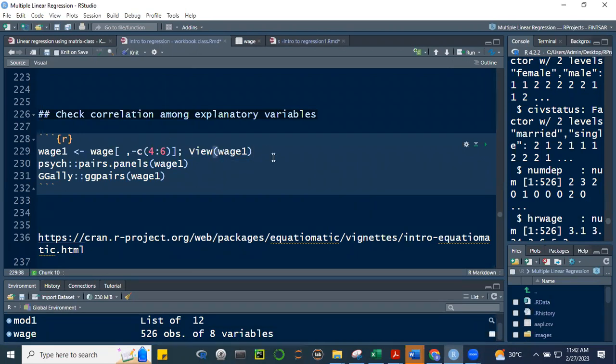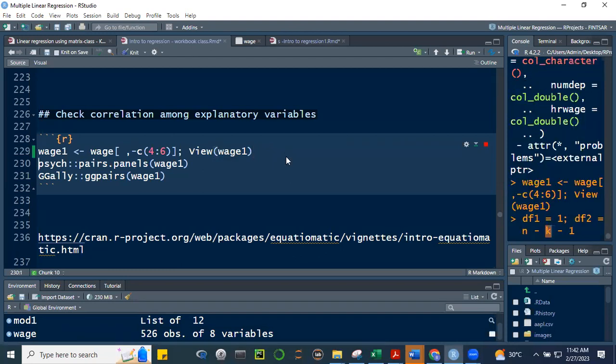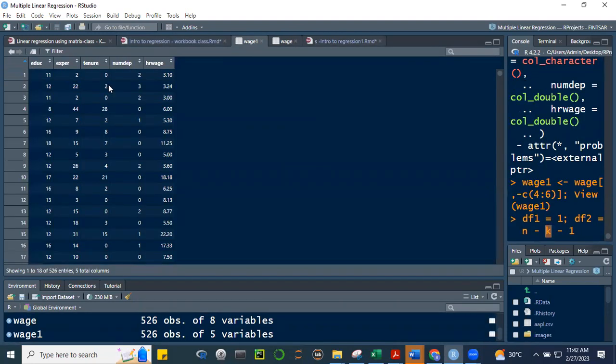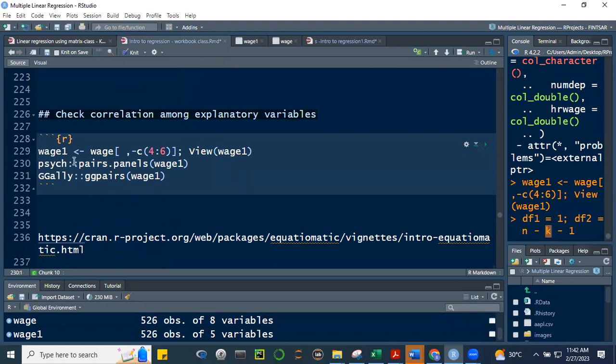Alright, sige. So pakigawa nyo to, class. Alright, then we now have this one. Ito na lang yung lahat ng mga numerical variables. Okay, we just want to see, using the psych package, which I think we discussed last time, the pairs.panels function on wage1.